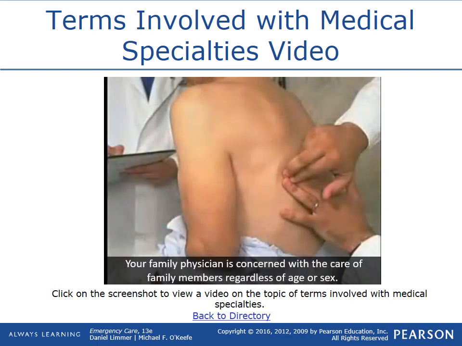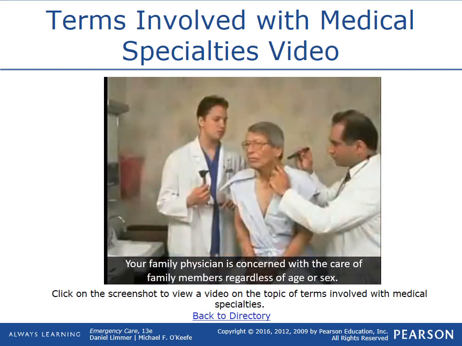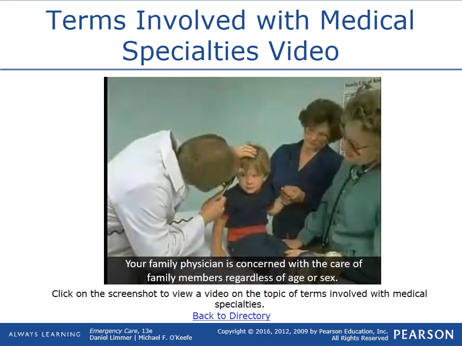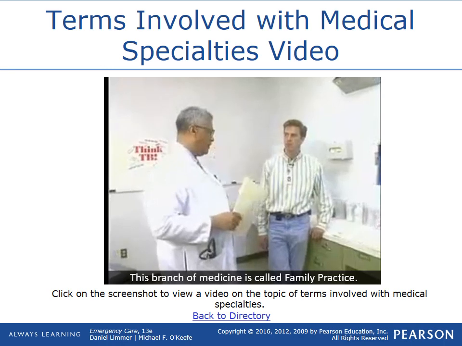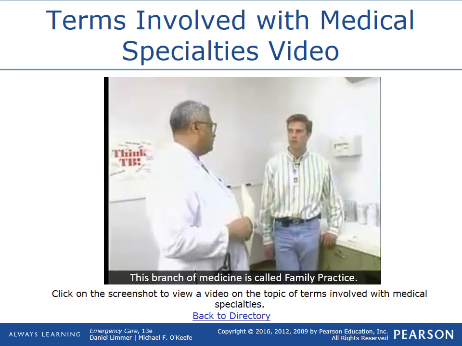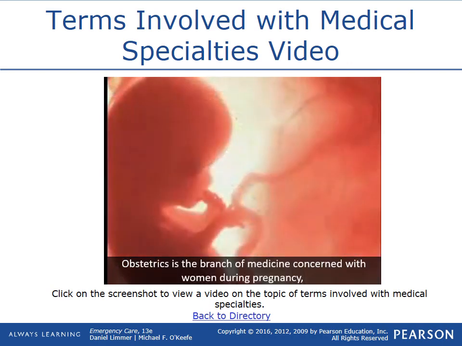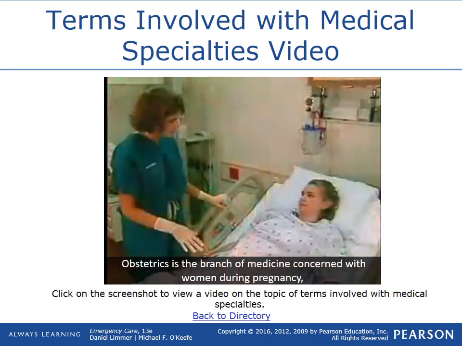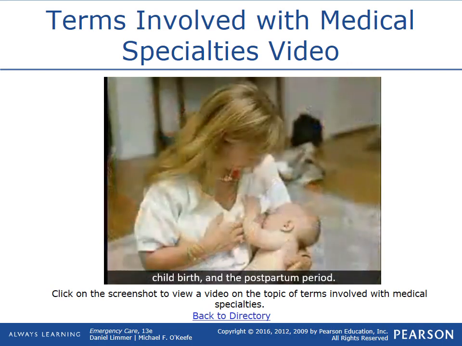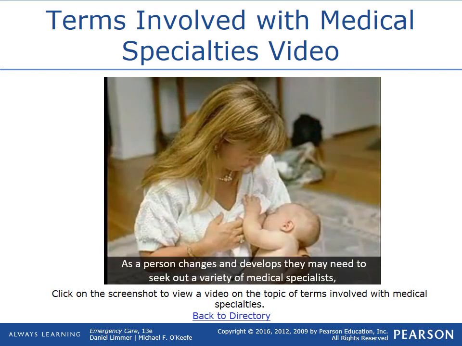Your family physician is concerned with the care of family members, regardless of age or sex. This branch of medicine is called family practice. Obstetrics is the branch of medicine concerned with treating women during pregnancy, childbirth, and the postpartum period.